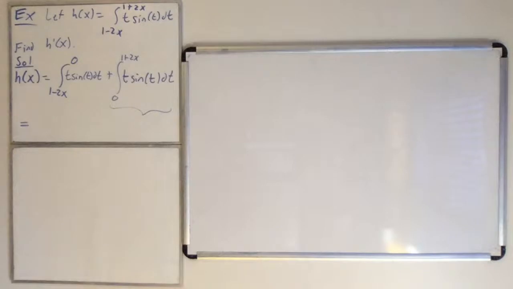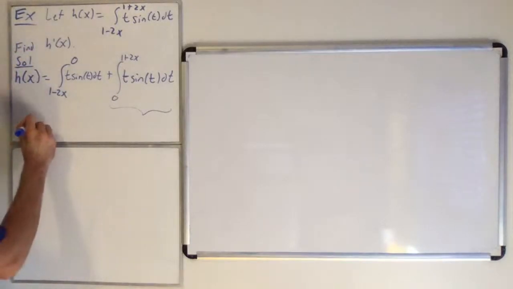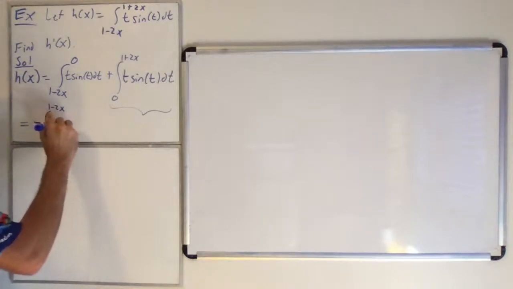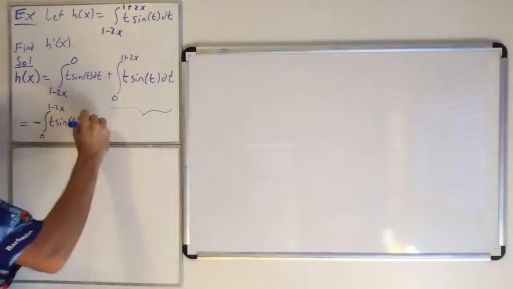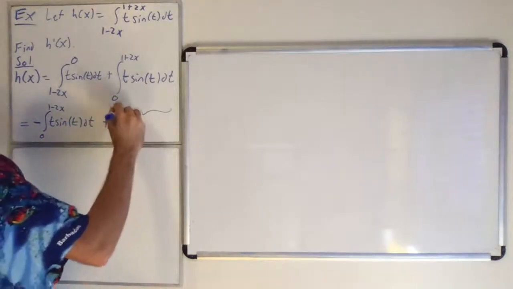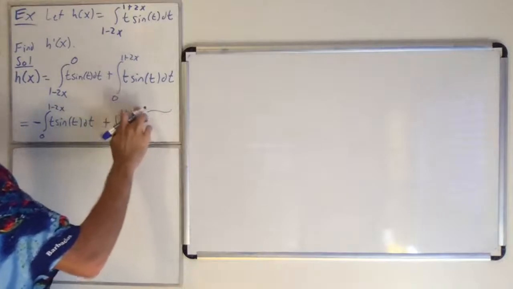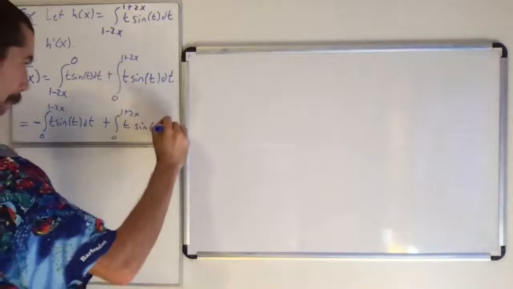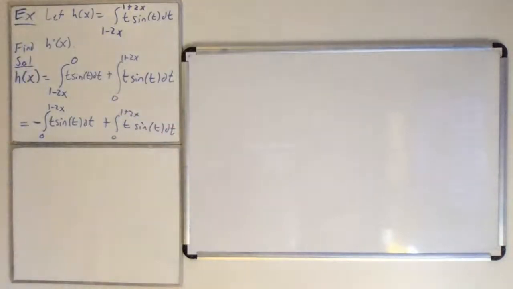Flip the bounds and make the integral negative. Yes, exactly. We could switch the order of the bounds, but it comes at the cost of a negative sign. So negative integral from 0 to 1 minus 2x. So we have this, and now we know how to take the derivative of these.